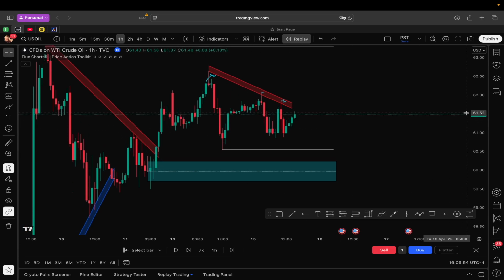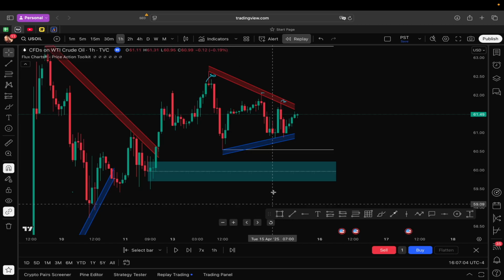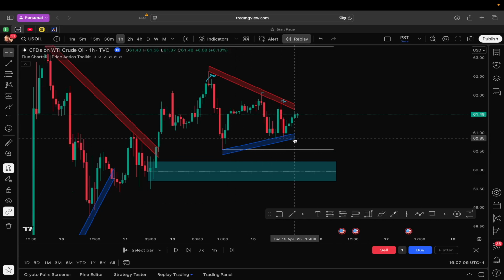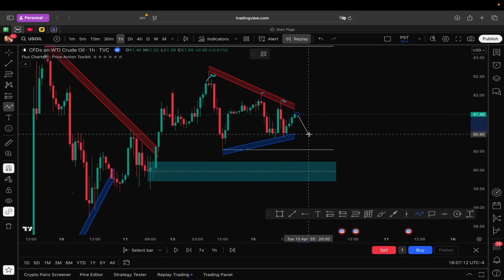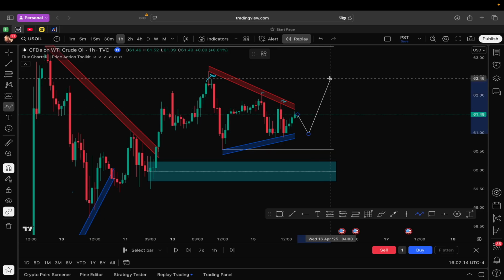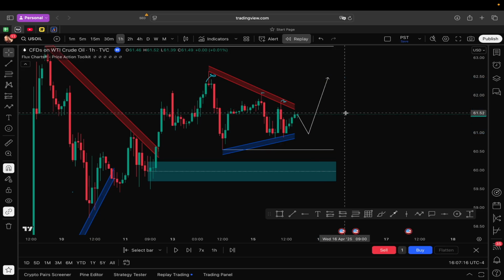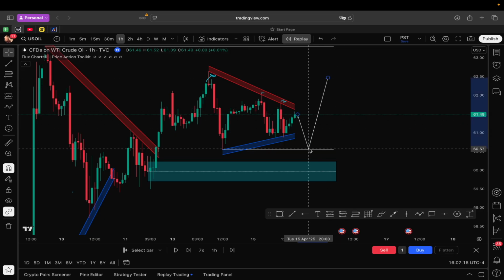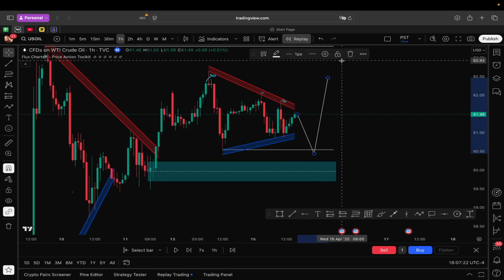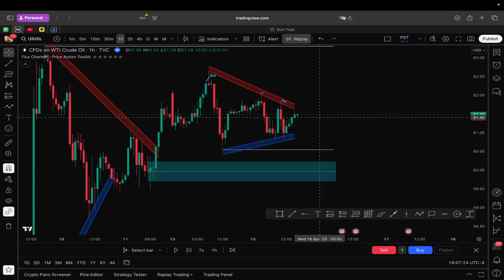So let's see what price does, and this acts as some part of resistance as well. The indicator drew out this trend line. So this is going to be perfect. What most traders want to see is price bounce off this trend line and continue upwards, but we want price to take out this resting liquidity right over here before we continue upwards.